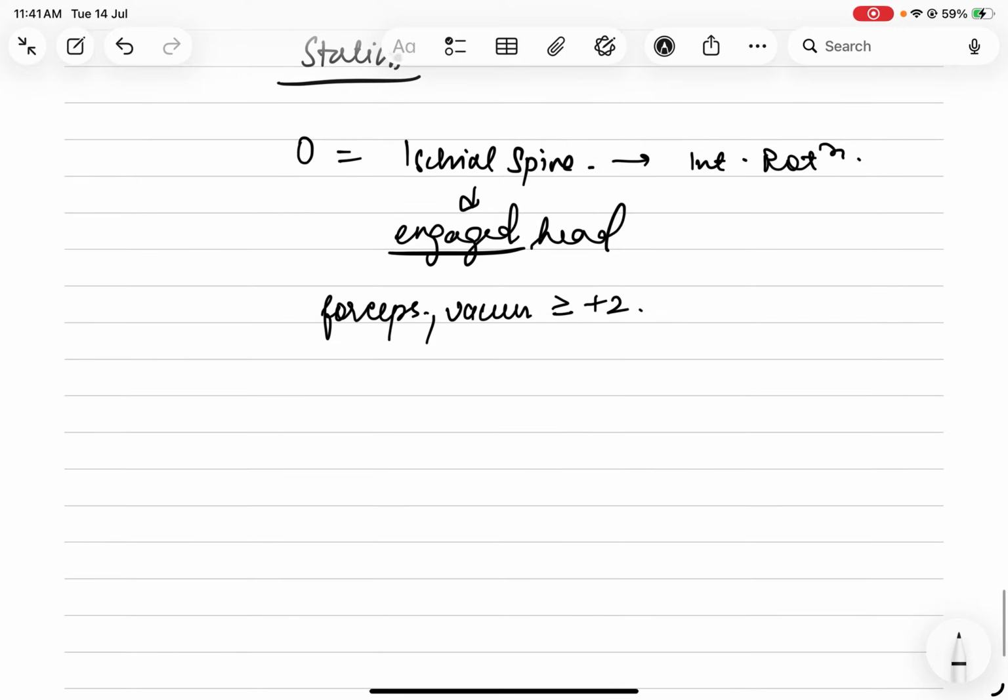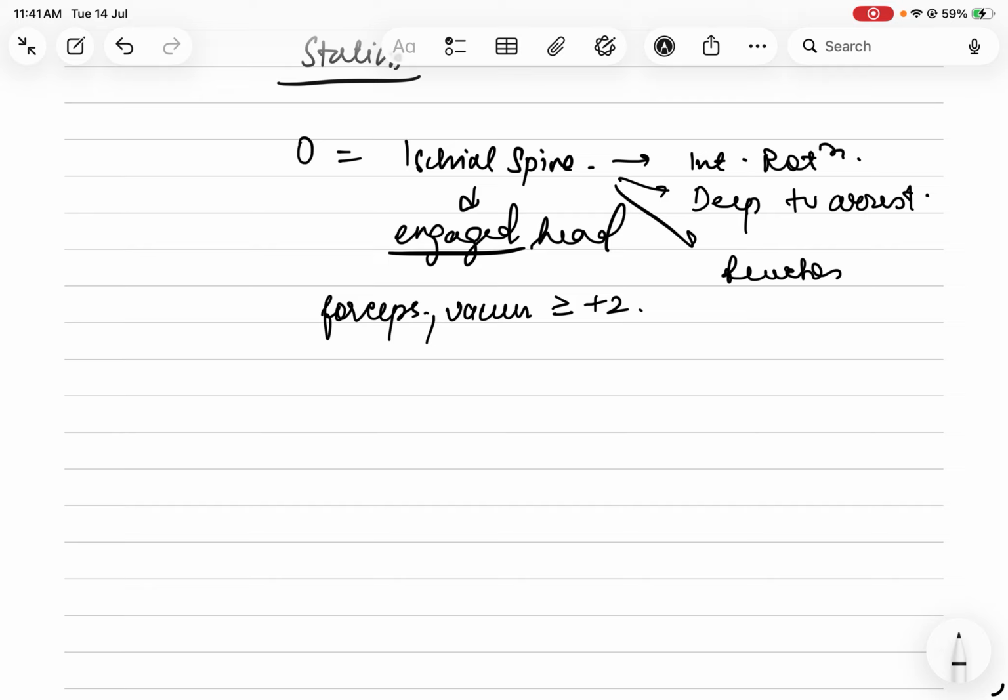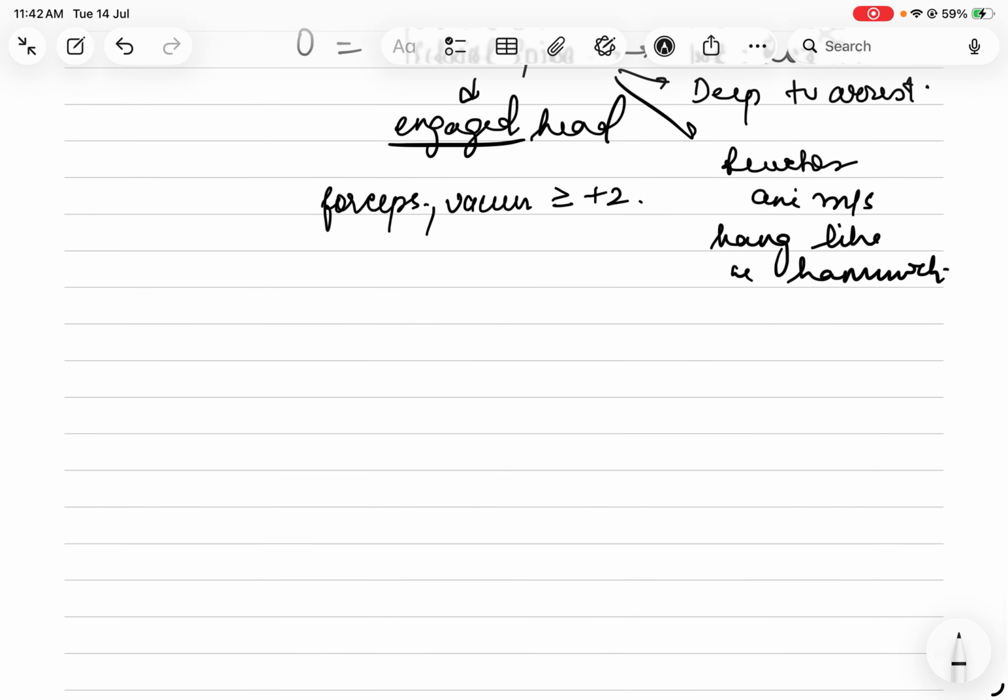Deep transverse arrest also occurs at this point. Levator ani muscle hangs from the ischial spine like a hammock. The landmark for the pudendal nerve block is the sacrospinous ligament, which is pierced for access to the nerve, and indications are in instrumental delivery.